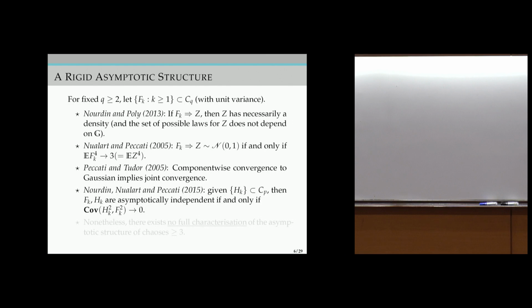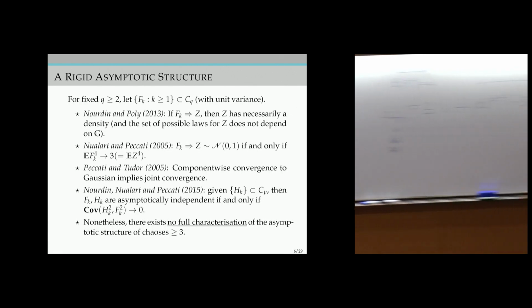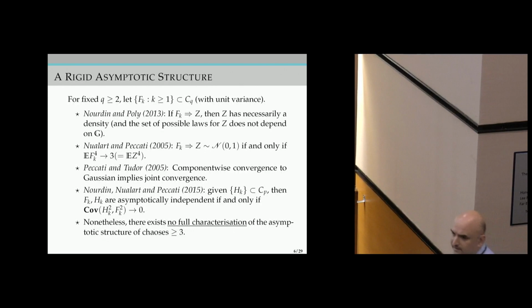Okay, which is quite a feat, because this, of course, is a necessary condition for independence, but not sufficient in general, right? And in any case, the asymptotic behavior of these chaotic random variables is not really understood. For instance, one cannot characterize all the possible limits of chaotic random variables when you go outside the chaos of order 2, and there are so many open questions.